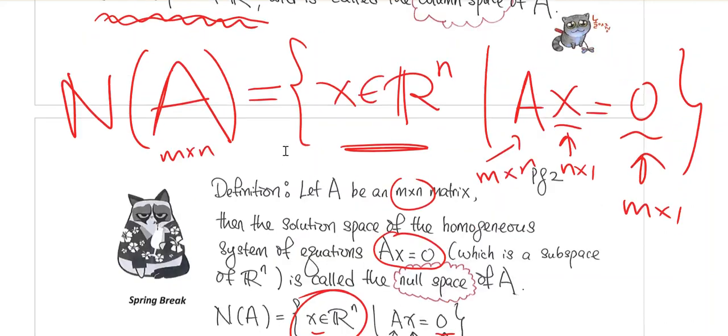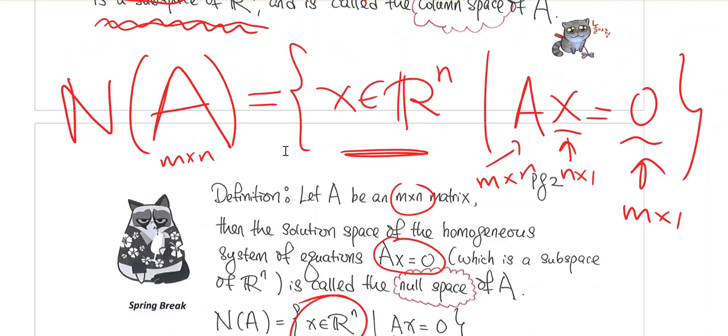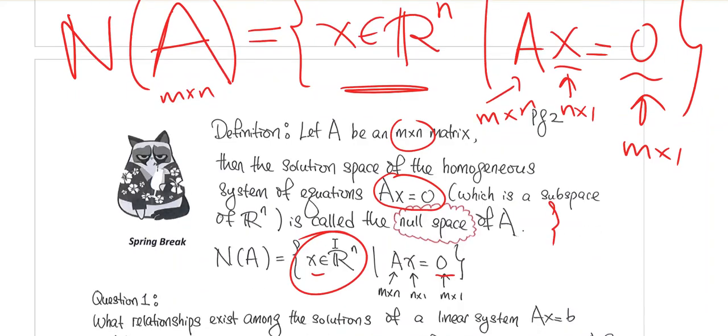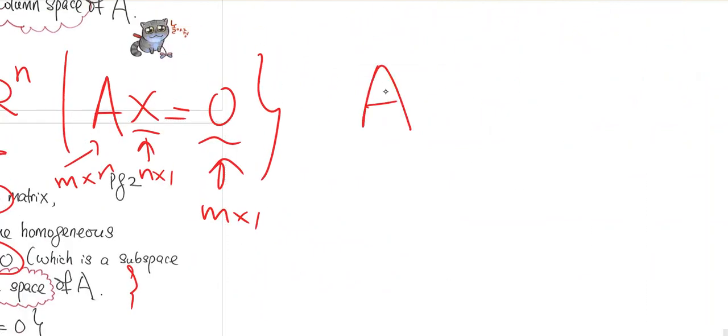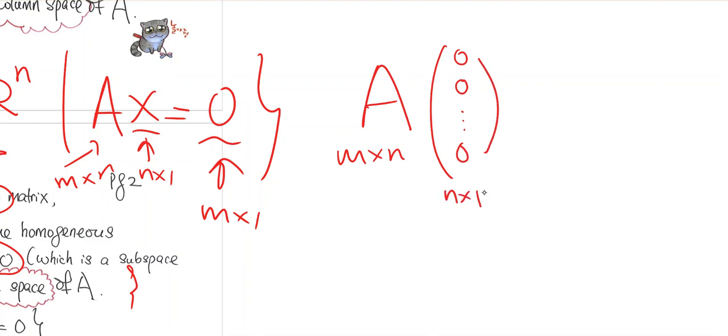So what is that? If you look at the elements of the set, if you have matrix A, how do you make it 0? This is m by n, right? If you multiply a 0 vector of size n by 1, you get a 0 vector of size m by 1.